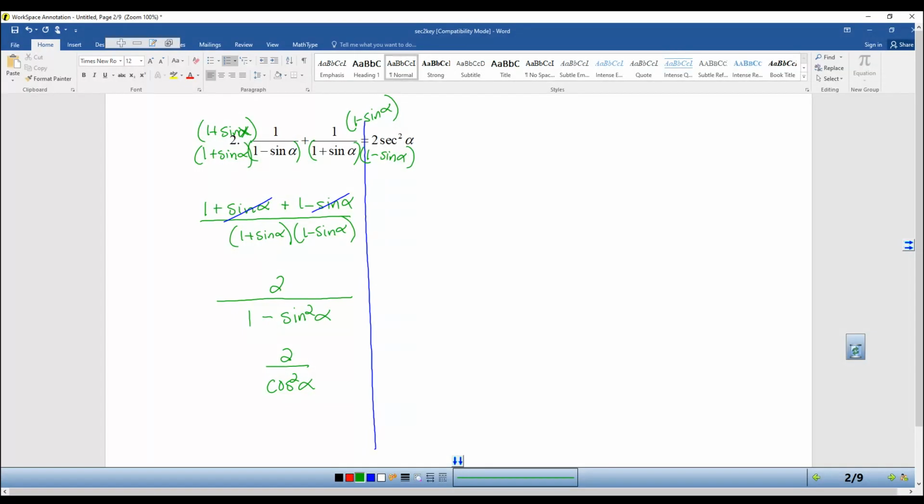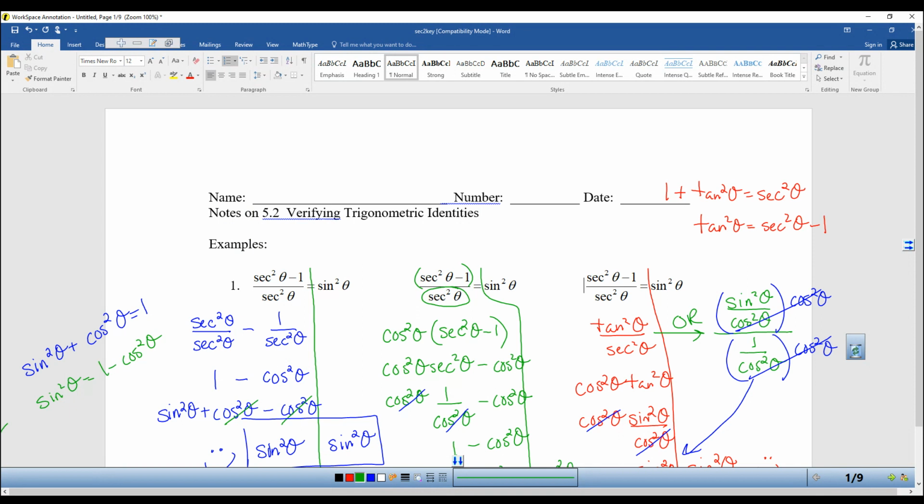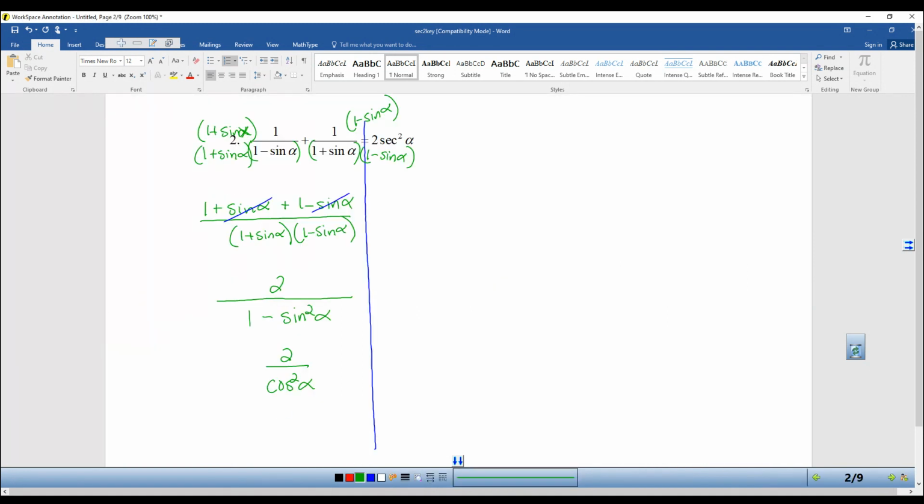I'm not going to keep writing off to the side why that's true. It was back here on this first page. And then a cosine squared on the bottom is the same as a secant squared on the top. And we're done. As you can see, these are getting harder all the time. So we're going to be practicing them for days.